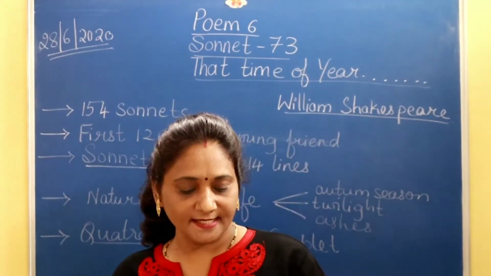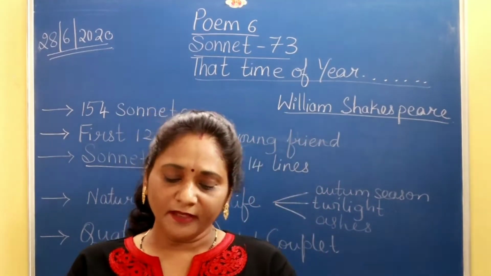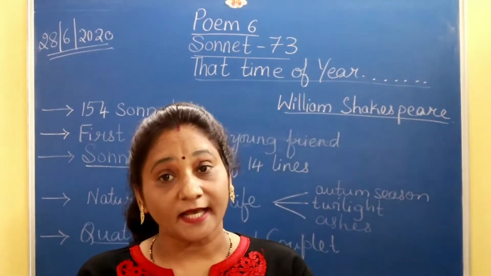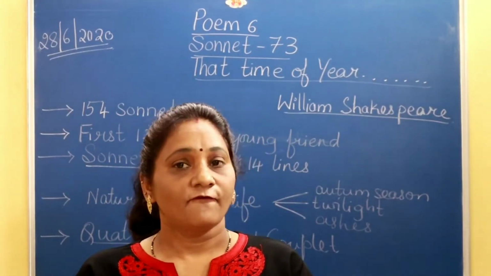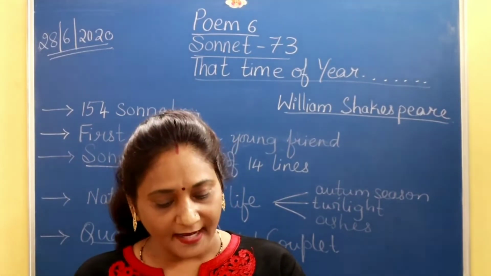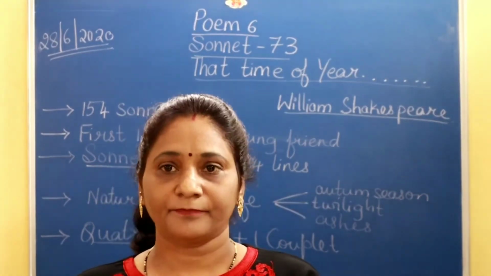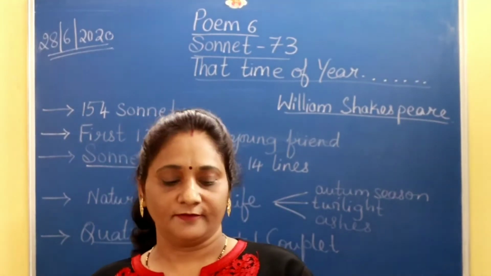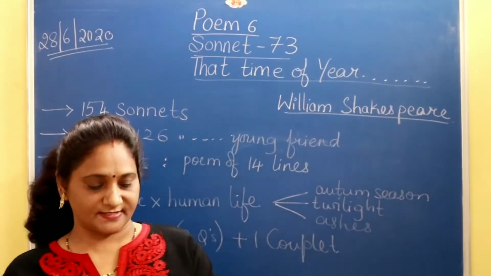Coming to the second stanza, or the second quatrain: "In me thou seest the twilight of such day, as after sunset fadeth in the west, which by and by black night doth take away, death's second self that seals up all in rest."